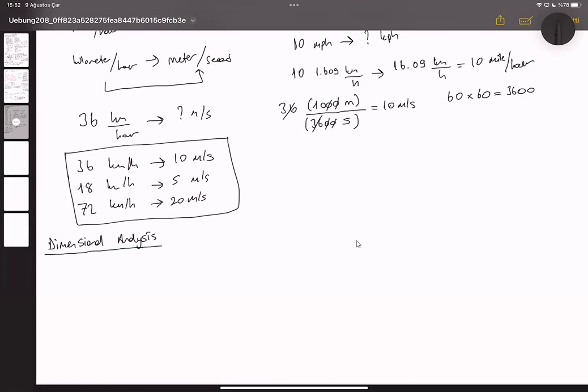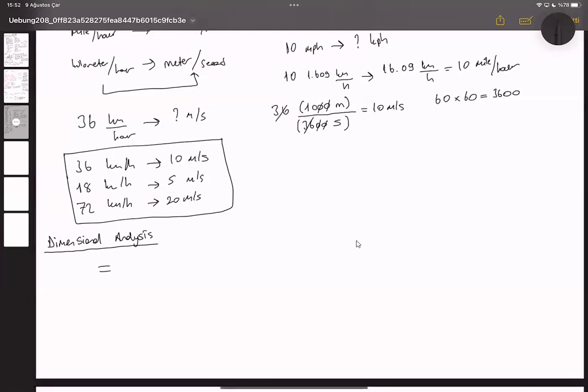So for dimensional analysis, we can say if you use the equal symbol, the left side and the right side must be in the same units. For example, kilometer per hour is not equal to meter per second. You must find meter per second equals meter per second, or meters equals meters.